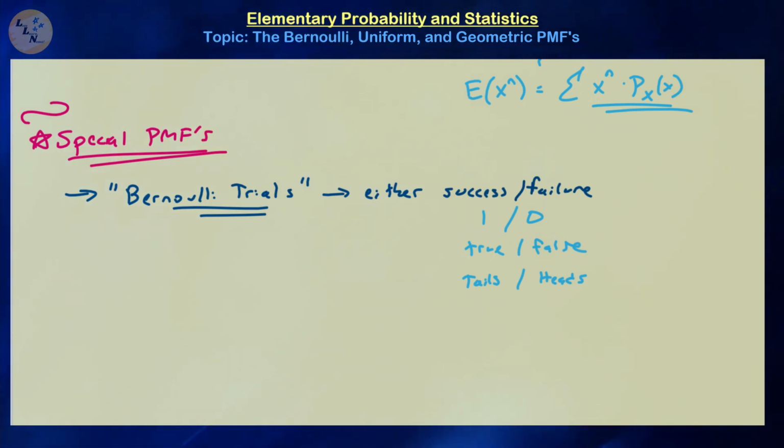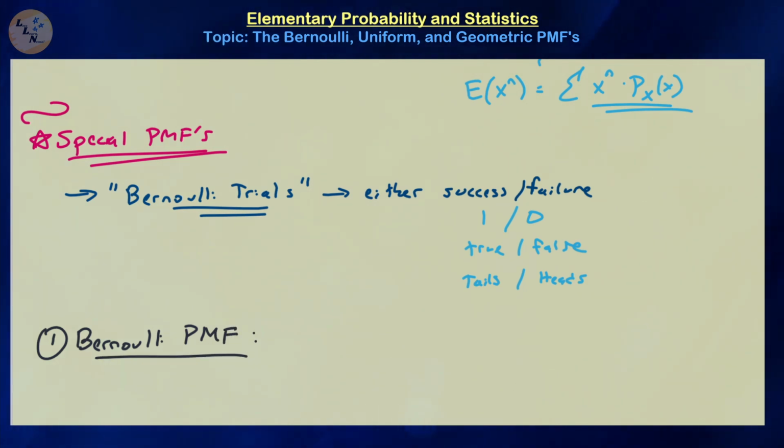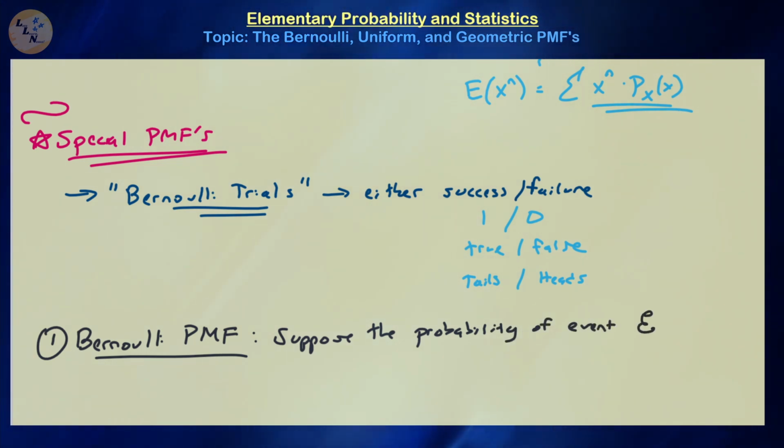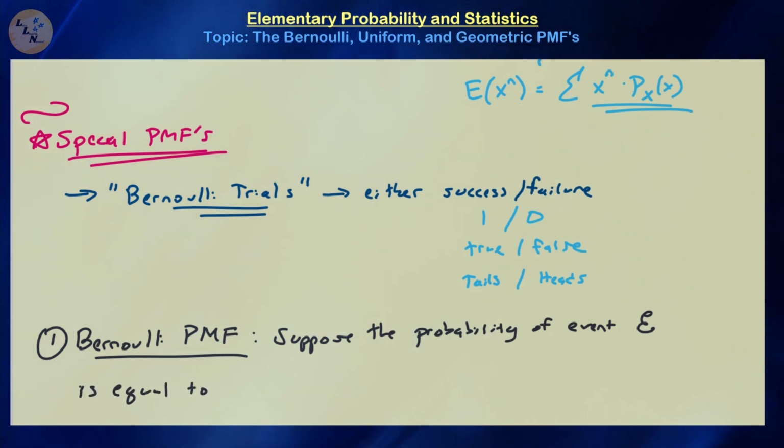So the very first special probability mass function we're going to be discussing is called the Bernoulli distribution, the Bernoulli probability mass function. So suppose the probability of an event, let's call the event E, is equal to, let's call it just lowercase p.